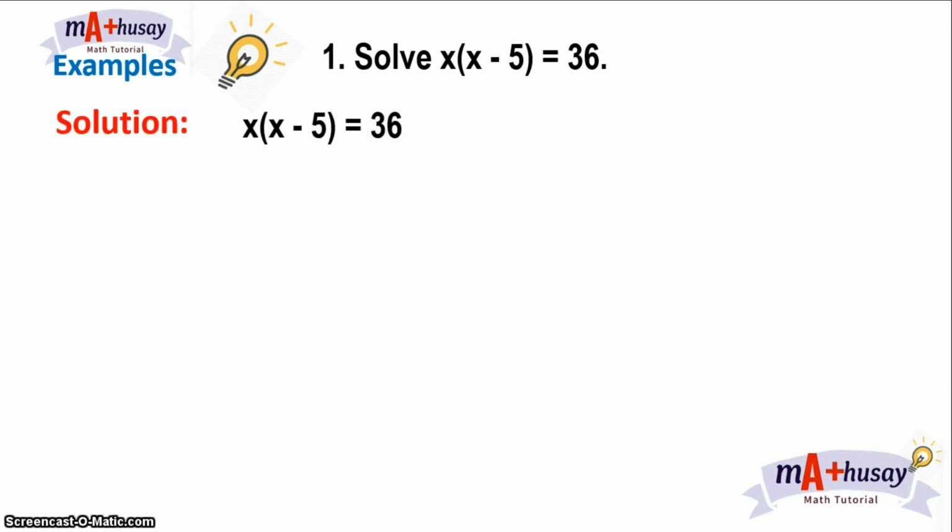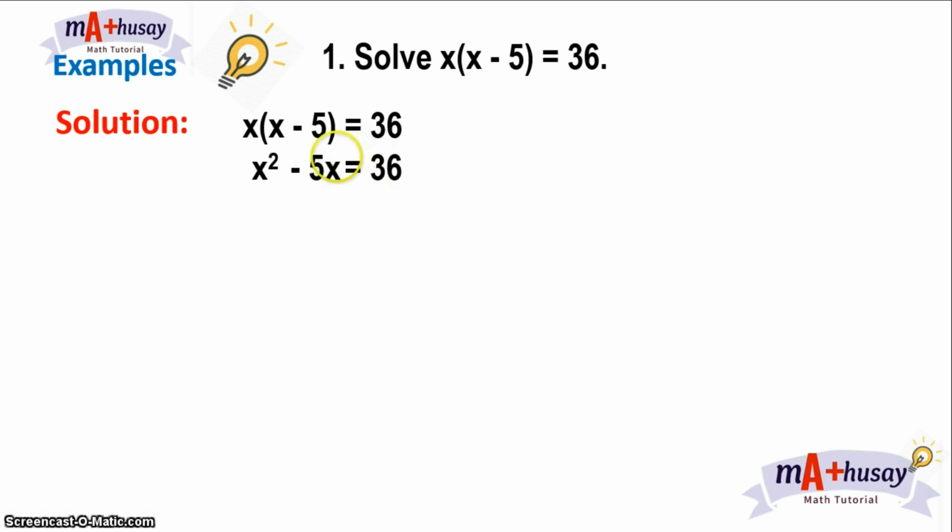So first, we want to rewrite this equation into standard form because we know that x times x minus 5 equals 36 is not in standard form. So to do this, we have to multiply x times x, that will give you x squared. X times negative 5 will give you negative 5x equals 36.